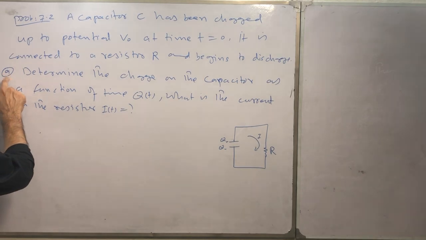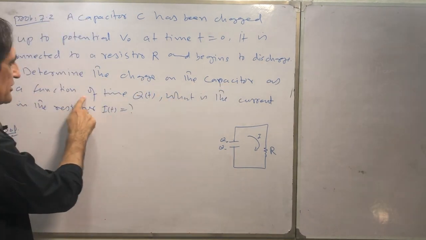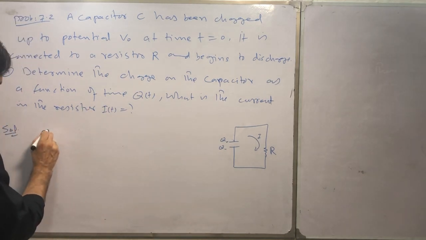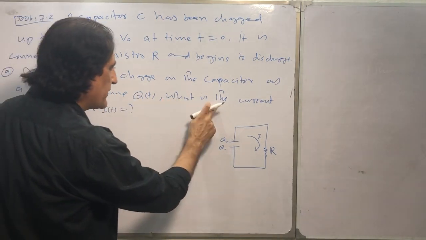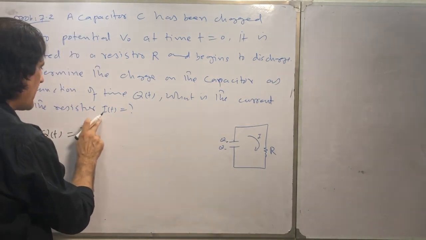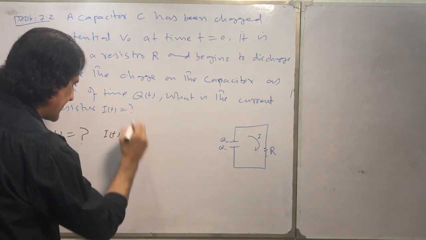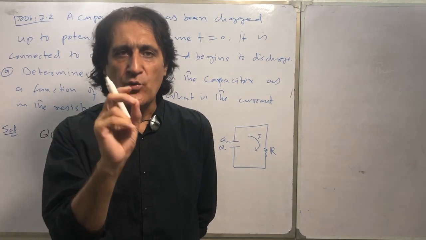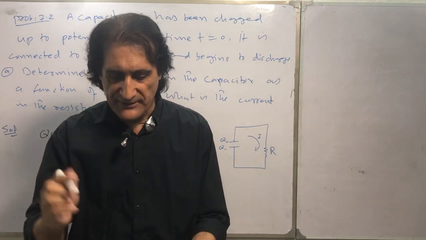Here we are asked to determine the charge on the capacitor as a function of time, and what the current through the resistance R is as it changes with time. So we need to find the expressions for the charge and the current as functions of time.